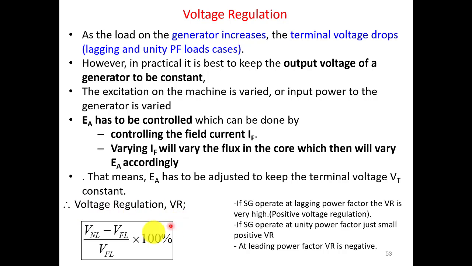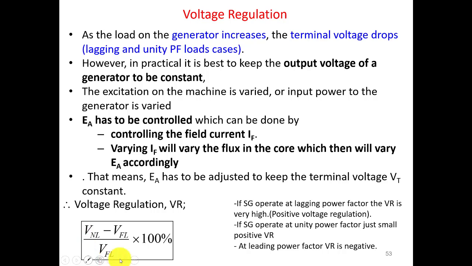So the voltage regulation can be defined as V no load minus V full load, divided by V full load, times 100%. If a synchronous generator operates at a lagging power factor, the voltage regulation is very high, so positive voltage regulation. If a synchronous generator operates at unity power factor, it is just a small positive VR, and at a leading power factor, VR is negative.